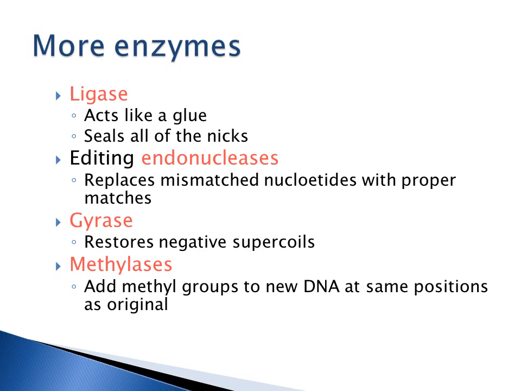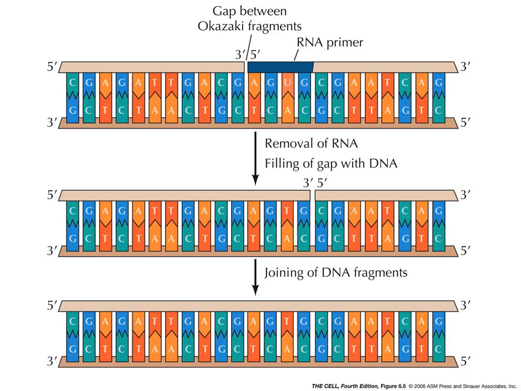So for example, if there's a C on the parent strand and for some reason an A gets put in on the new strand, that A will be removed by endonucleases so that a G can be put in. We already mentioned gyrase is a topoisomerase, which is going to aid in unwinding those supercoils, and methylases will add methyl groups to new DNA that are going to match the original strand.